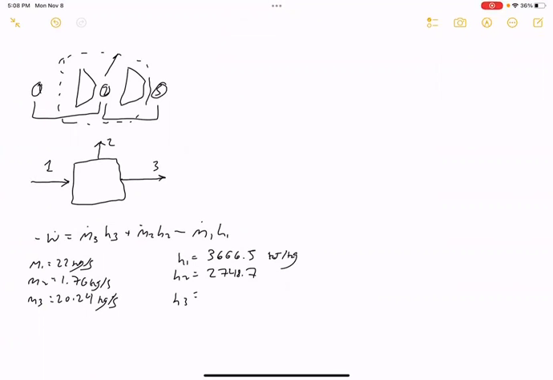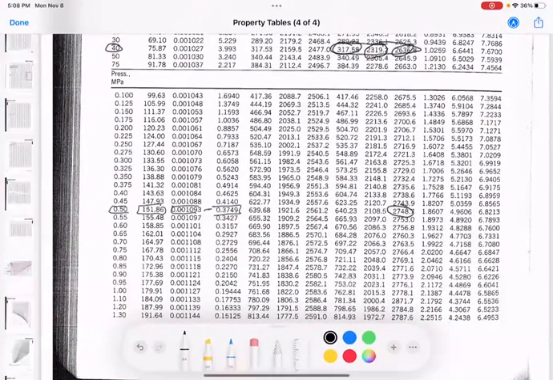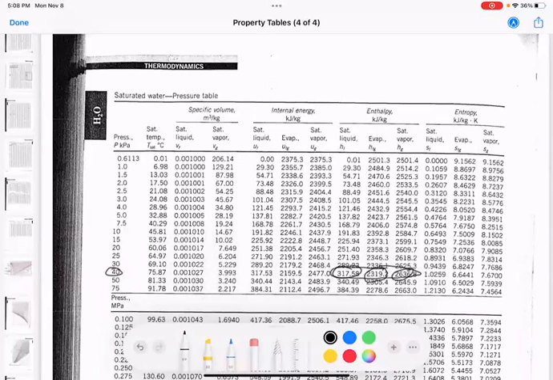And h3, what do we know about h3? It's 10 kilopascals and 88% quality. So we have a quality, we want to be at the tables. It's 10 kilopascals, so it's somewhere on this line here, and we're looking for the enthalpy. We want it to be 88% of the way between hf and hg. So that would be 191.83 plus 0.88 times hfg, which is the difference between the two, 2392.8.